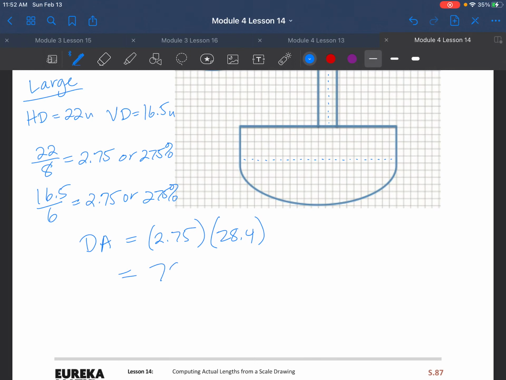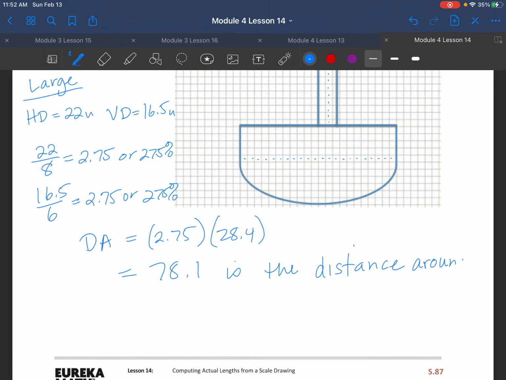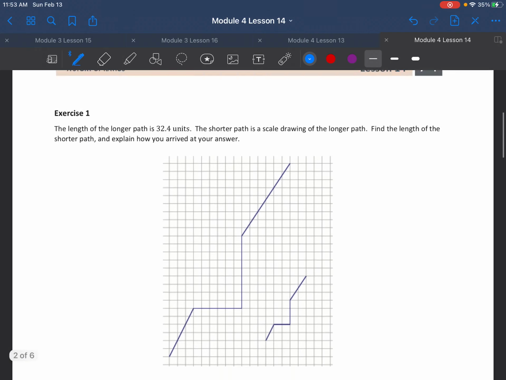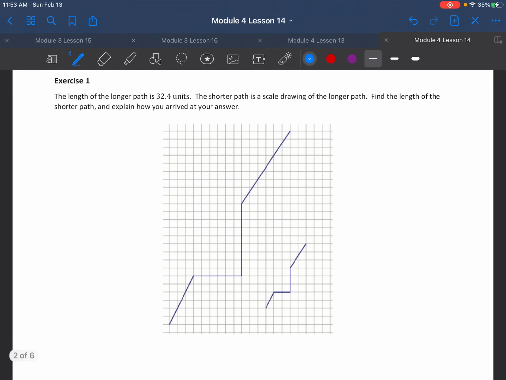So 2.75 times 28.4, we get 78.1, which is the distance around the scale drawing, aka the large boat. All right, awesome.